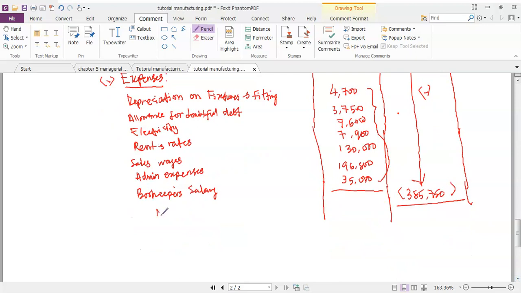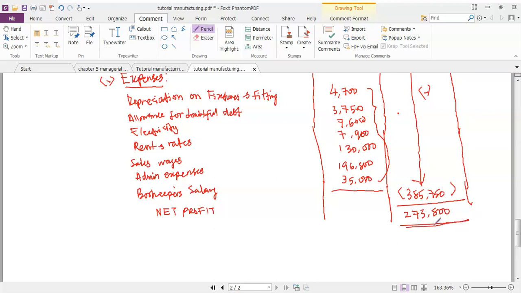Net profit. Very good. So the answer is 270,800. And this is the correct amount.